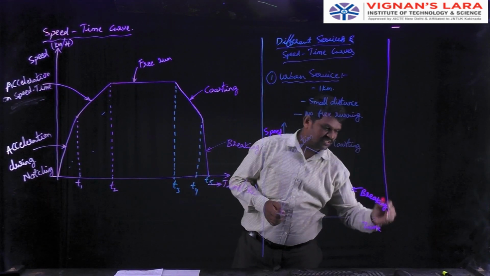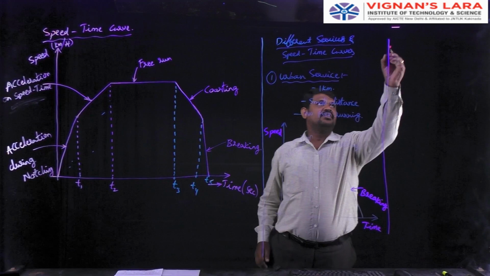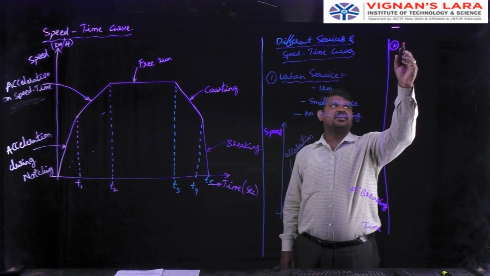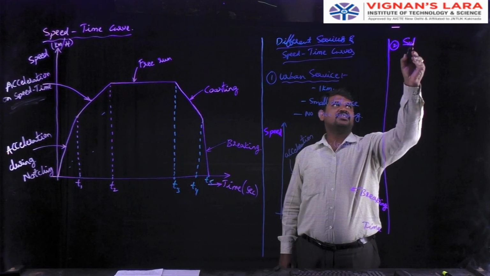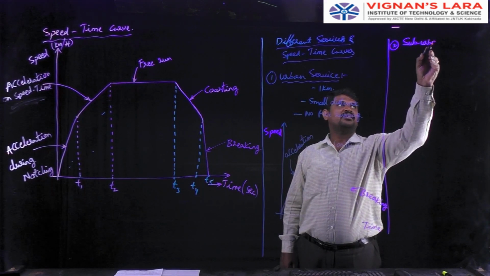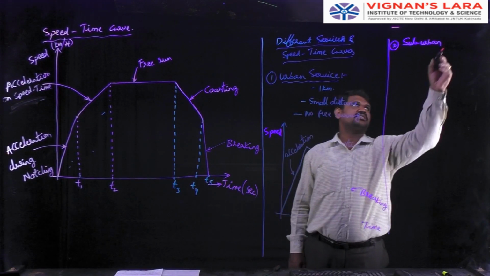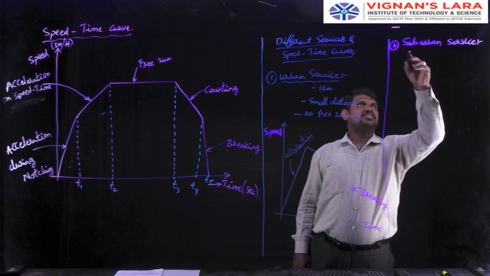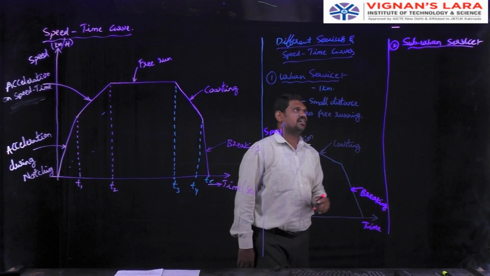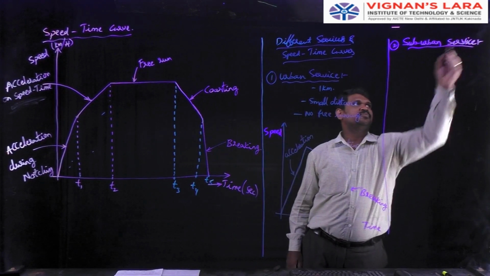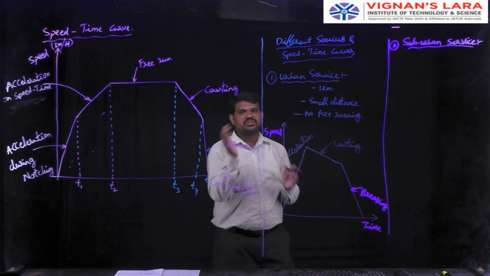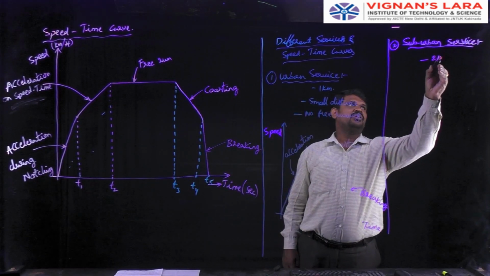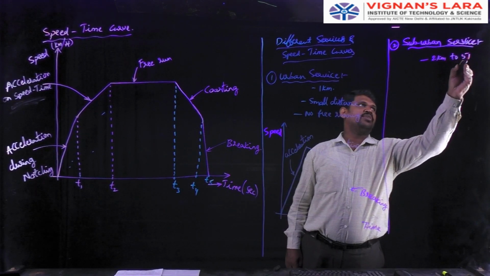The second service is the suburban service. In suburban service, the distance between two stops is in the order of 2 kilometers to 5 kilometers.